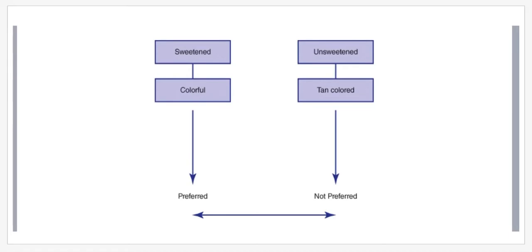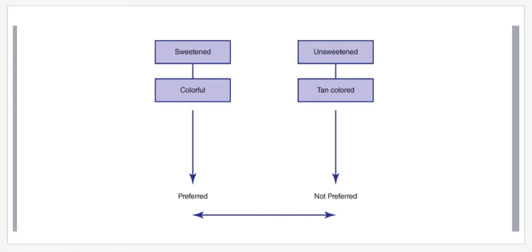By making them both the same color, or making them both colorful as they called it, and then having one sweet and one unsweet, the only difference is the sweetness, and that would help you determine which one they prefer, if there's a cause and effect relationship there.